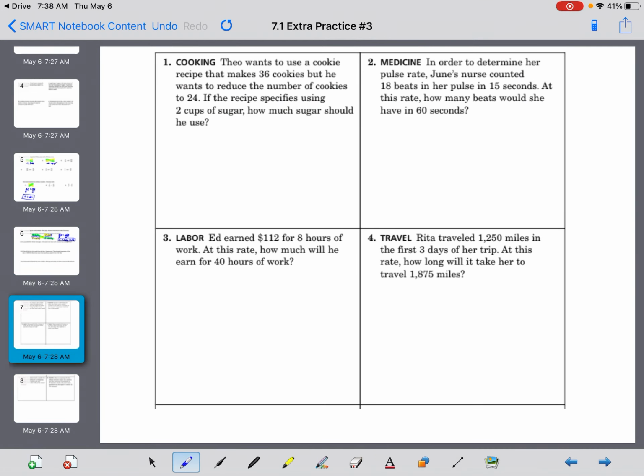Okay. Moving on to the last section. Again, we have more word problems here. Theo wants to use a cookie recipe that makes 36 cookies. Okay, but he wants to reduce the number to 24 cookies. If the original recipe says 2 cups of sugar, how much sugar should he use for the 24 cookies?